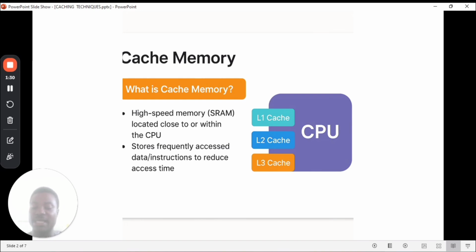Its main job is to store frequently used data and instructions so the CPU doesn't have to fetch them from slower main memory. It stores frequently accessed data and instructions to reduce access time.